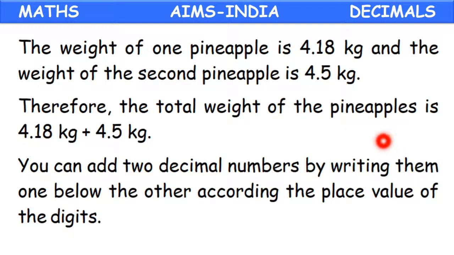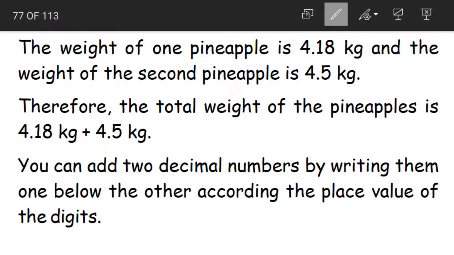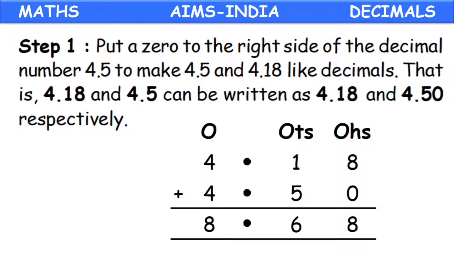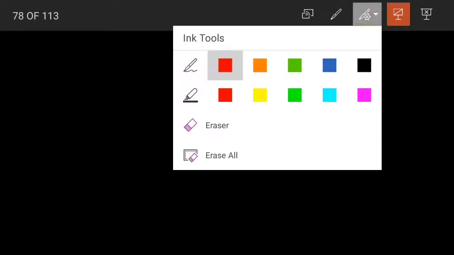Therefore, the total weight of pineapples becomes 4.18 plus 4.5. You can add these two decimal numbers by writing them one below the other according to the place value of the digits. See children, 4.18 and 4.5.